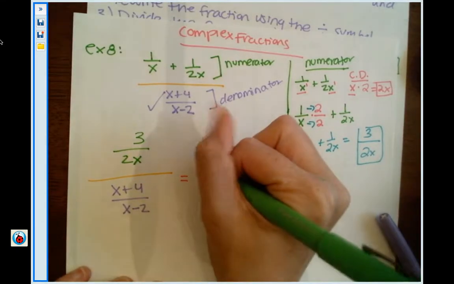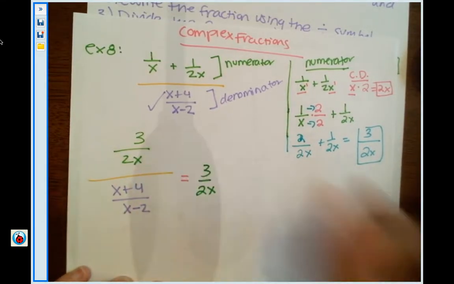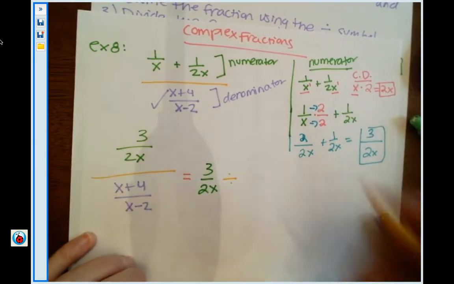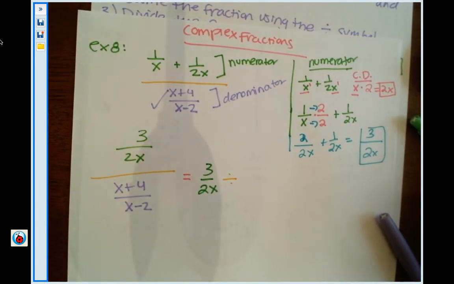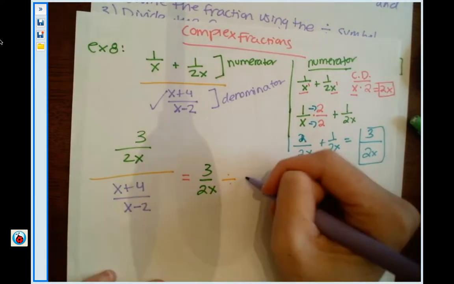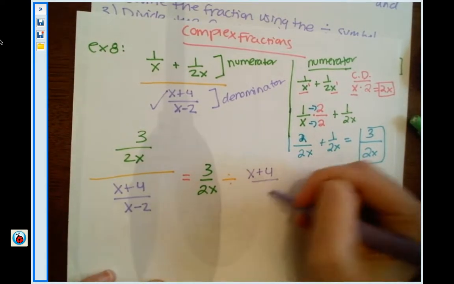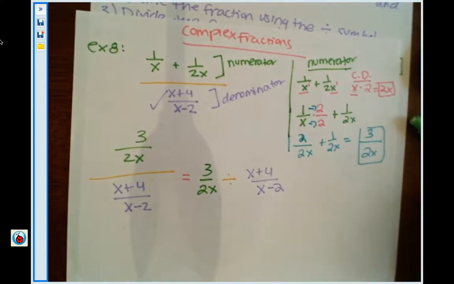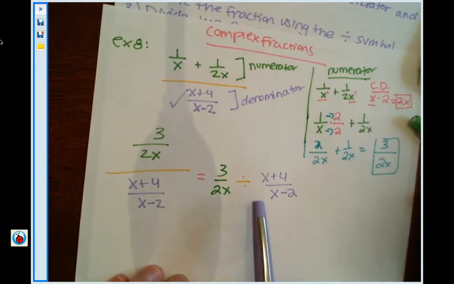So this will equal 3 over 2x. My fraction symbol is going to turn into a division symbol, and then divided by x plus 4 over x minus 2. And guess what? We know how to divide with two fractions. You keep, change, flip.